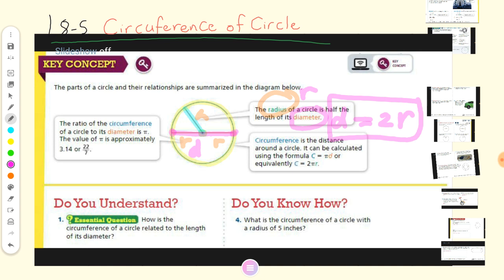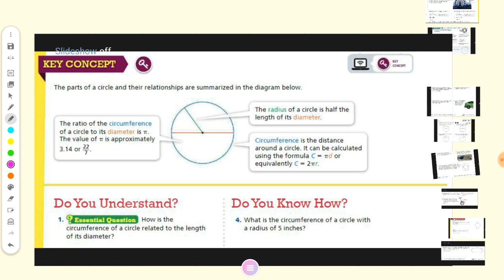What else do we need to know about the circle? A very important symbol in the circle is called pi. The symbol pi, we can draw it like this. This is a fixed number.